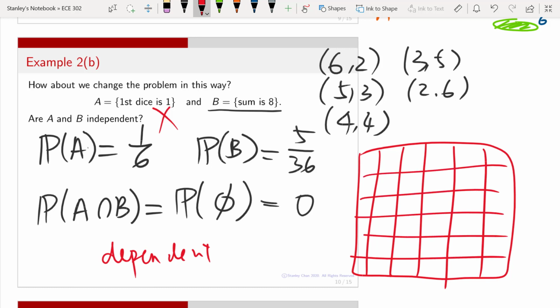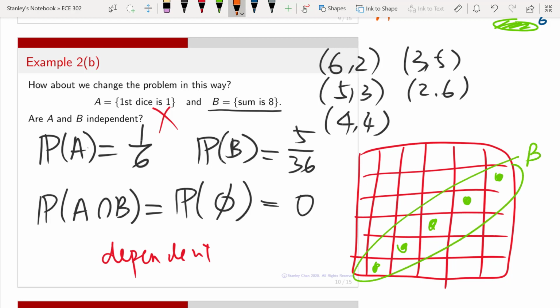And then what would be the event B? The event B will be 2, 5, and then 2, 6, and then 5, 3, 5, 4, 4, 5, 3, and 6, 2. So this is your event B.